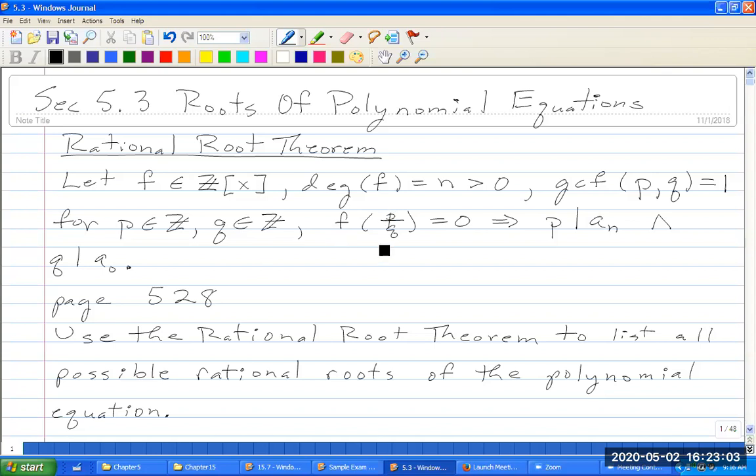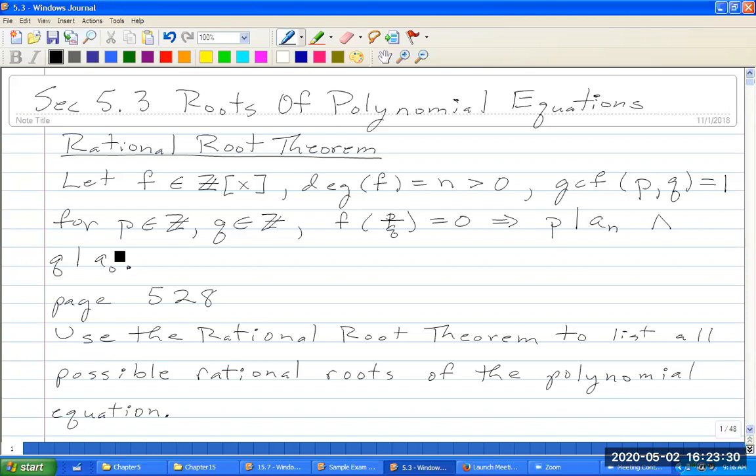If P over Q is a root of your polynomial, then P must divide your constant coefficient, and Q must divide your leading coefficient. So this gives us a restriction to say what our rational roots must look like.